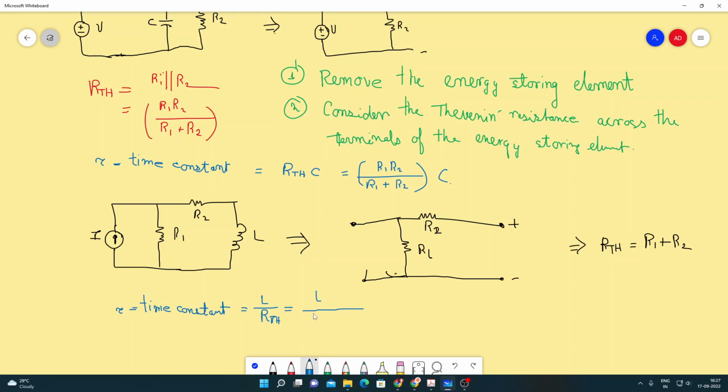RTH is R1 plus R2, so the time constant is L divided by R1 plus R2. So like this we can find out the time constant for single energy storage element circuits without even doing the Laplace transforms. Next we will be doing the problems of assignment 7, and you can check your answers whether you have done it correctly or not. Or if you have any doubt in assignment 7, you can get it clarified once we do the problems. So let's start.